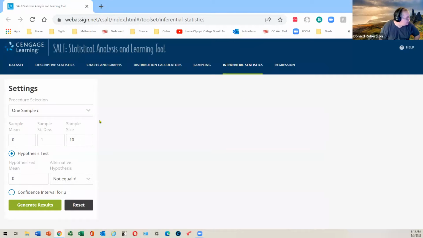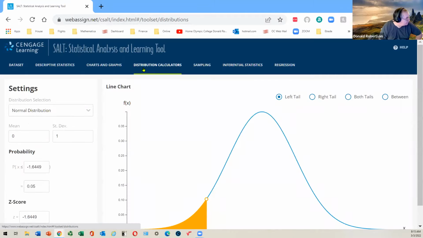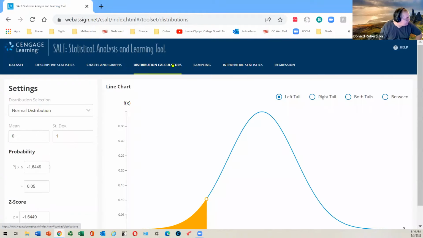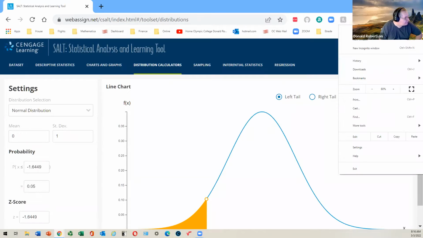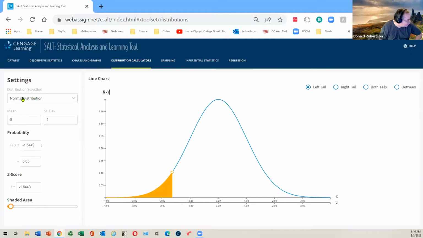Are you all looking at SALT? This cell up here is a distribution. So make sure you click to distribution because it kicked to that one for some reason. Distribution calculation. Normal distribution. It's a z-score, so the mean is 0 and 1, so typically you won't change anything. We want a both tails one.